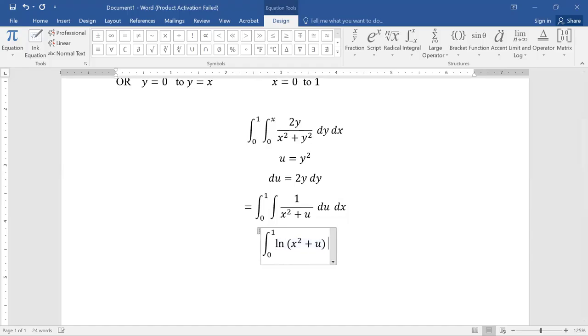All right. And I'm going to integrate that with respect to x after I do some plugging in. This is the antiderivative. I'm going to plug in some values.